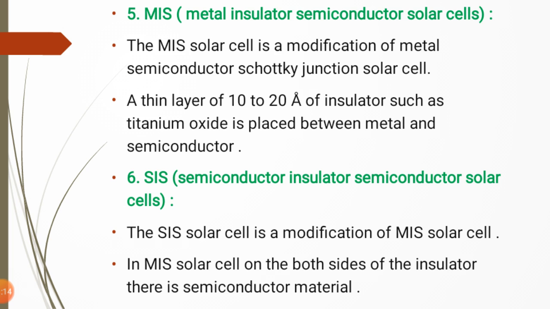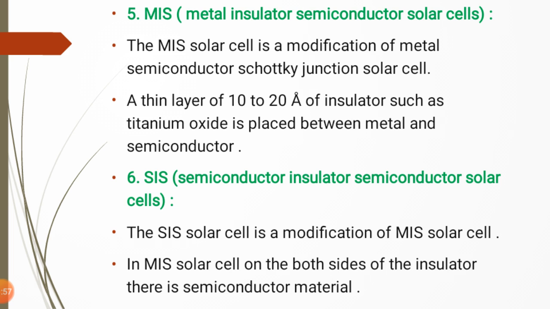A thin layer of 10 to 20 angstrom of an insulator such as tin oxide, SnO2, is placed between the metal and semiconductor, so that there is a formation of the junction. So this is the metal insulator semiconductor solar cell.